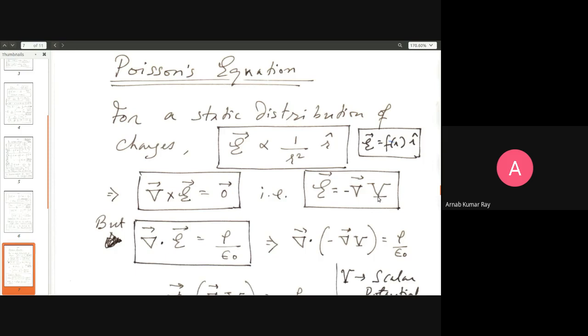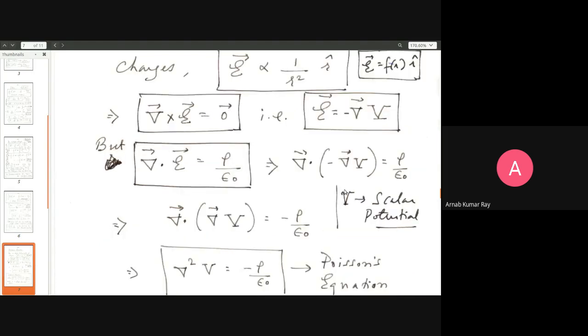That is what we have written over here, minus gradient V. The minus sign happens because of some conservation issues, but mathematically you would not be wrong if you did not put in that minus sign. The minus sign is a physics input.